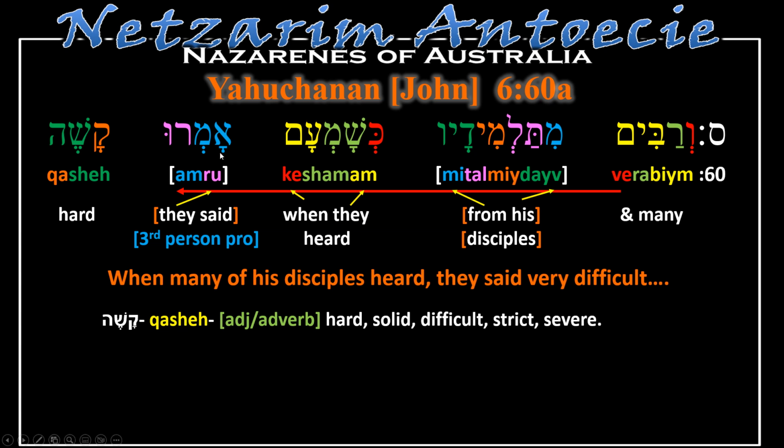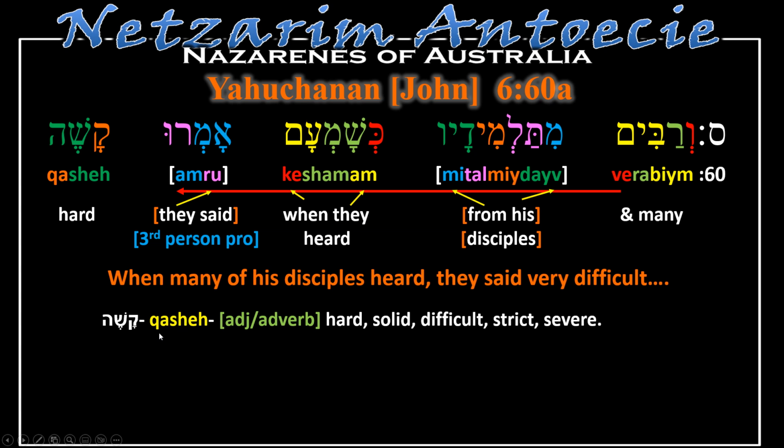And then we've got here amru, which could be also omru. They said, third person pronoun. Again, the ending is third person pronoun. They said. Kashe, which is the word which means hard.